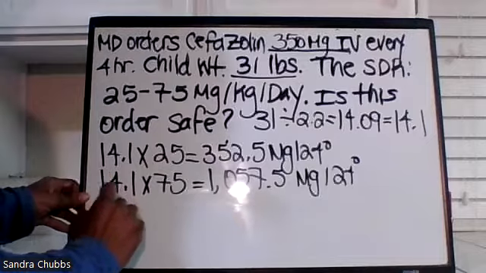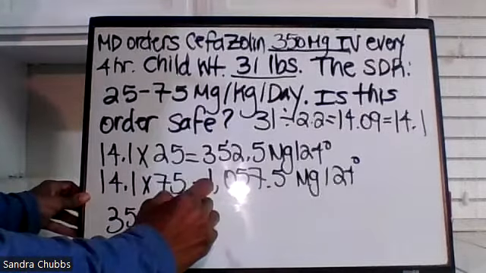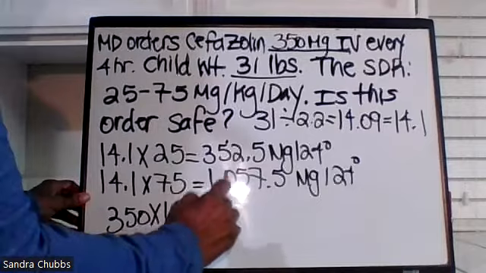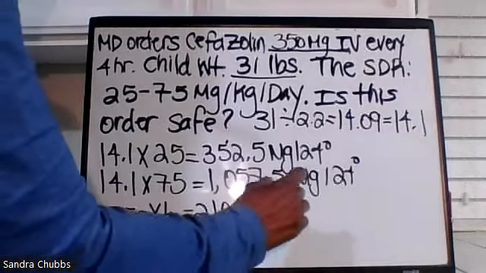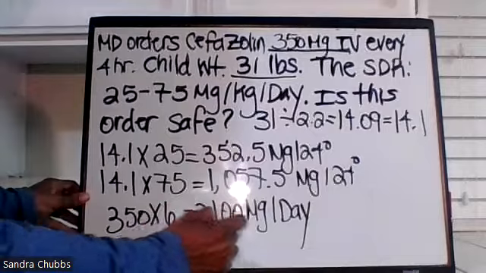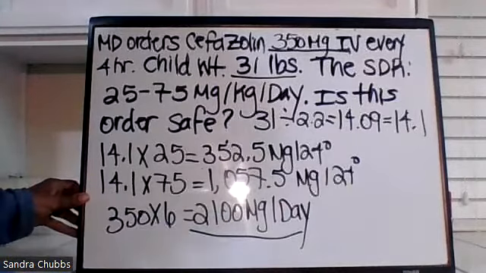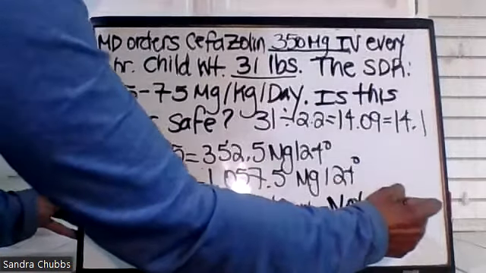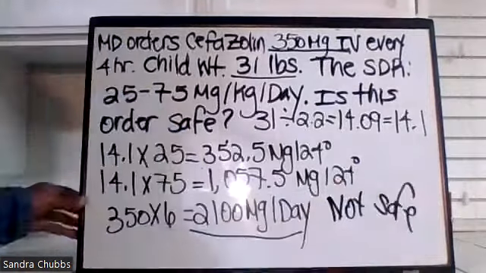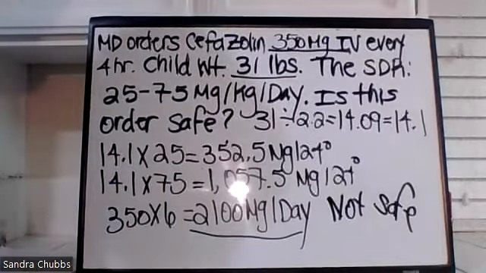So we take our 350, we multiply it by 6, and we come out with 2,100 milligrams per day, right? So this falls way beyond the recommended dosage range, right? So this is not safe, not safe. So no good for this order, right? All right, thank you.